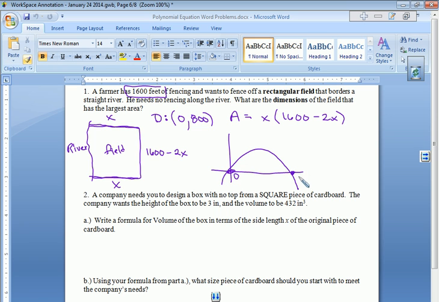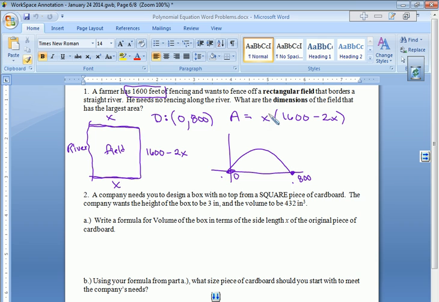At the 0 and at the 800. But because the problem is dealing with area, this part really doesn't exist for us. In terms of our word problem, we're only looking at this part. Are we all together? Brian, are you back with me now? Okay, great.